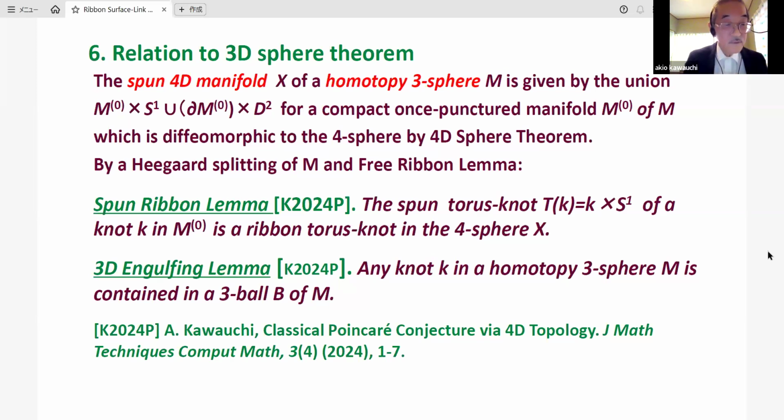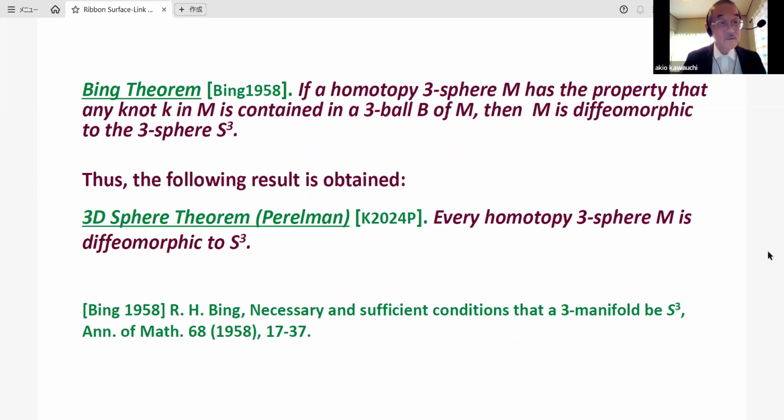This implies a 3D engulfing lemma. Any knot K in a homotopy 3-sphere M is contained in a 3-ball B of M. The following famous Bing theorem says if a homotopy 3-sphere M has a property that any knot K in M is contained in a 3-ball B of M, then M is diffeomorphic to the 3-sphere.